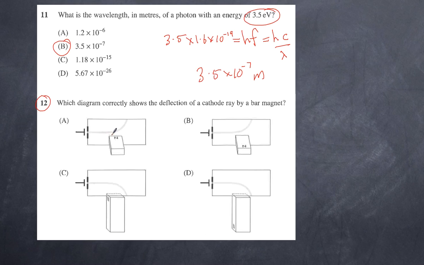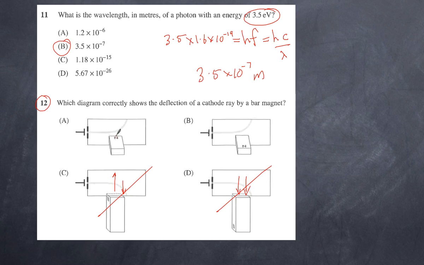The magnetic field lines here are going into the page, coming out of the page here, going up the page here, and going down the page here. But you'll notice that the force here is in the same plane as the magnetic field lines. In this case, my magnetic field lines are going up, but my deflection is down. And in this case, my magnetic field lines are going down, my deflection is also down. They can't be, they're always at right angles, so therefore C and D are excluded.